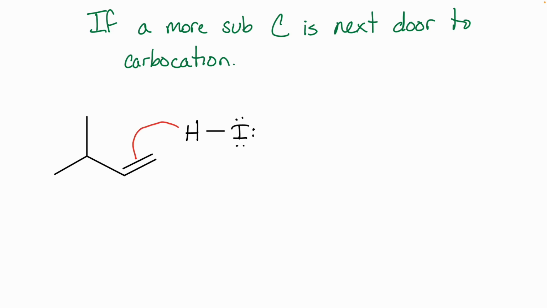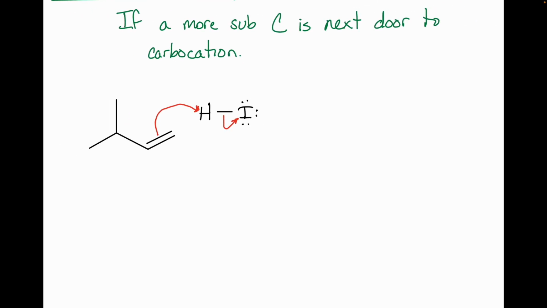We're going to have that lone pair reach out and grab that hydrogen, and then this other bond breaking and a lone pair forming on the iodide. All right, we're going to actually need 4 steps here, so I'm going to leave a little bit more room.